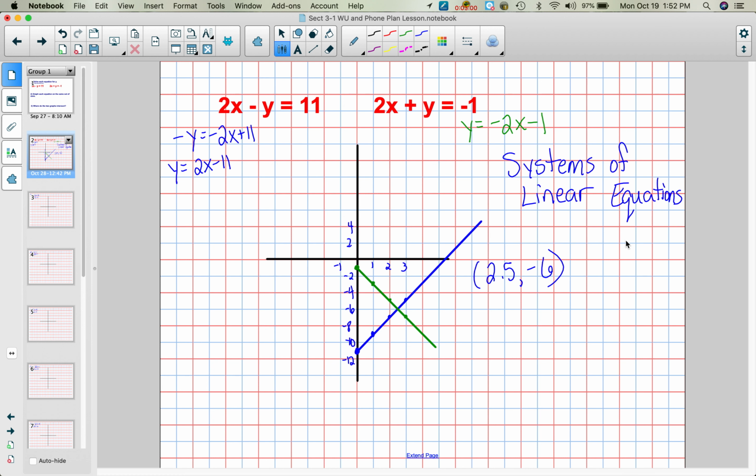So we're looking for the solution to the system, and the solution to the system is where the graphs intersect. And in this case, they're going to be lines.